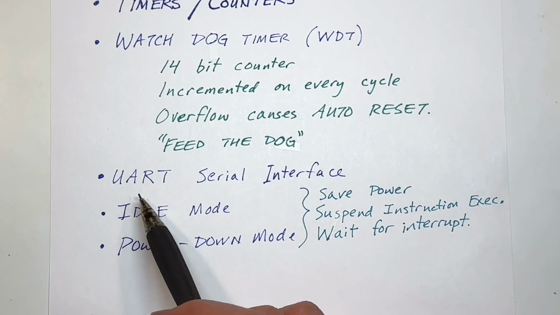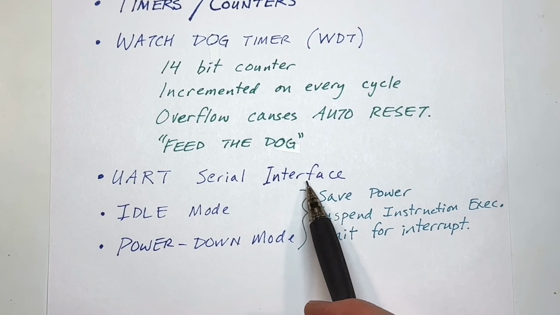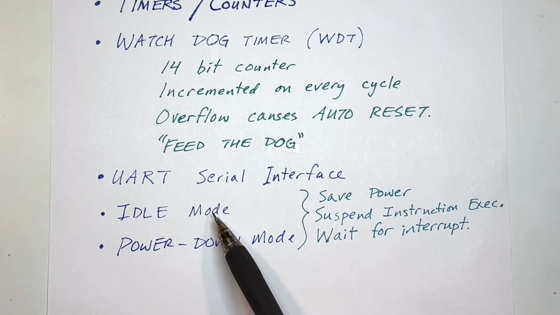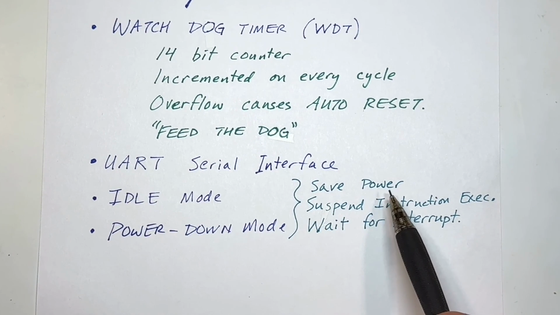There's also a UART serial interface, so that's rather complicated, but if you are driving an interface to serial, then you can use that. That's with the transmit and the receive pins. There are also two modes called idle mode and power down mode, and these are used to save power.